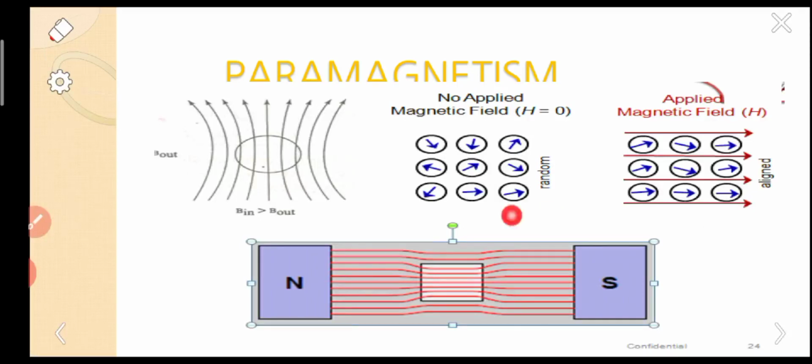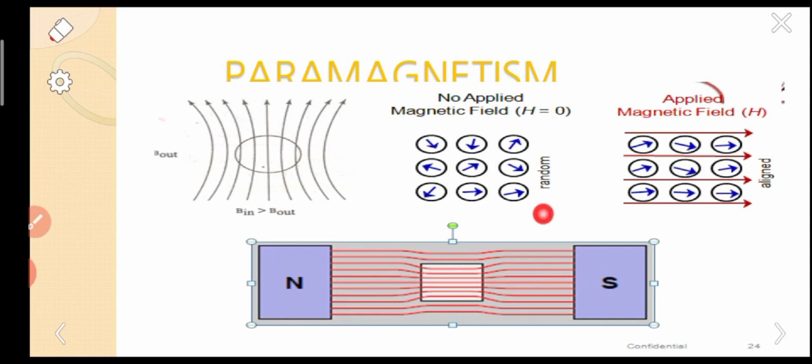Here, this is the absence of magnetic field, and this is after application of magnetic field. In the absence of magnetic field, or no applied field, there are already dipoles. The blue arrows indicate dipoles. That means permanent dipoles are there, but they are in random directions.